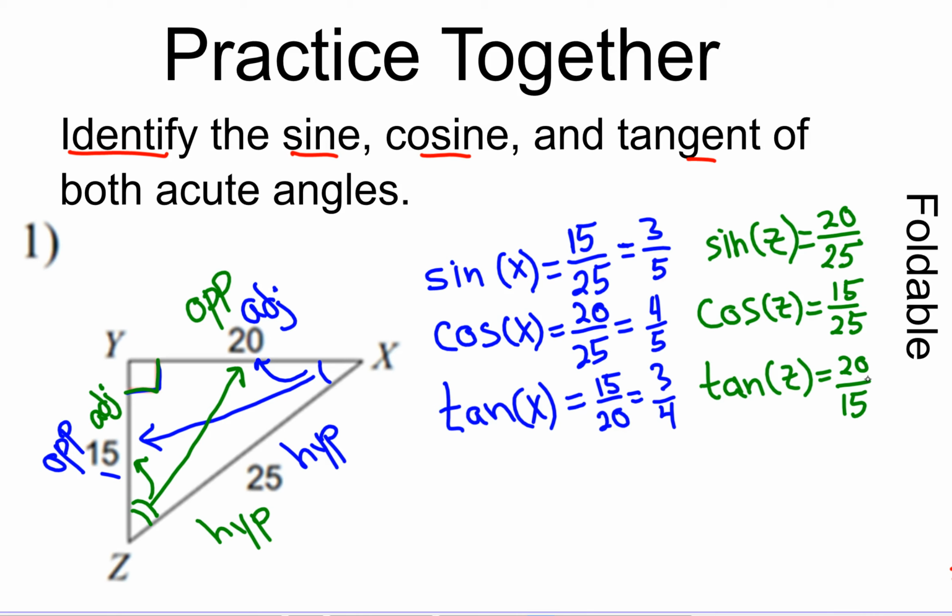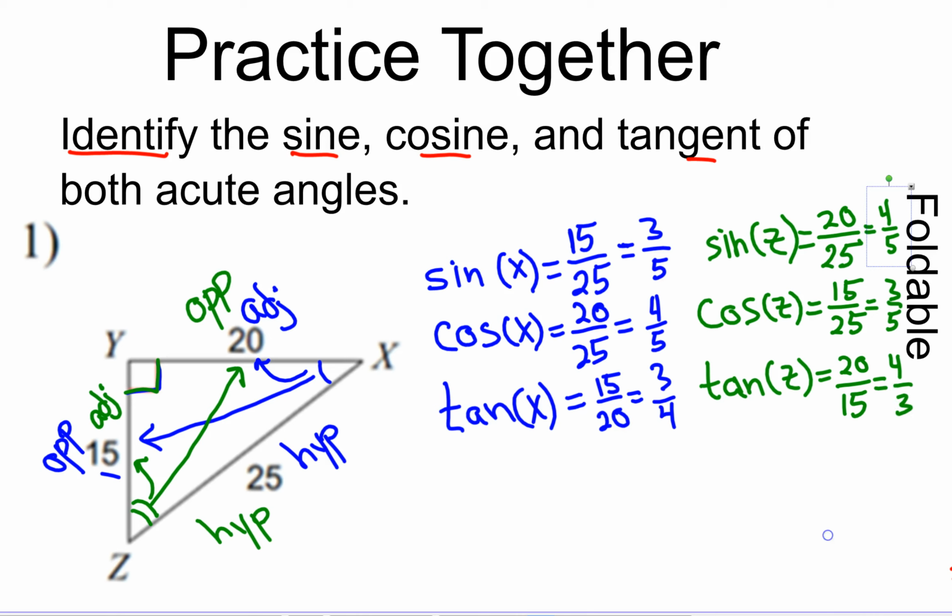Now from here, if we want to, again, we can reduce these fractions just to make the numbers a little easier to deal with. 20 over 25 is going to be 4 over 5. You don't have to do this reducing, but it does help you later on when we're actually solving the equations. 15 over 25 is going to be 3 over 5. And then tangent of z, 20 over 15, is going to be 4 over 3.